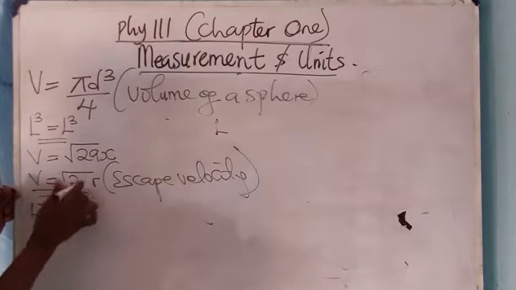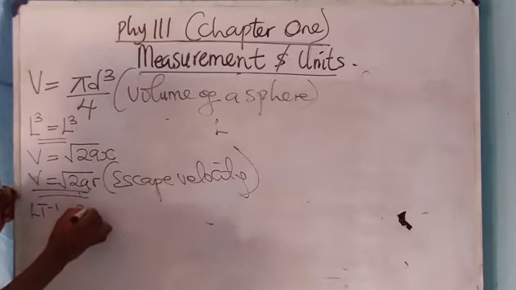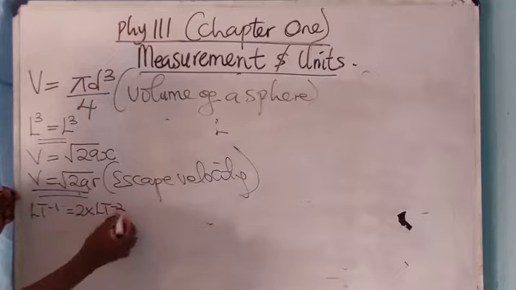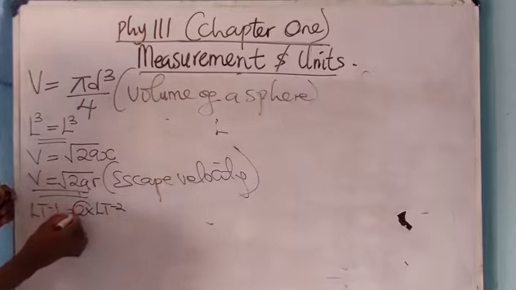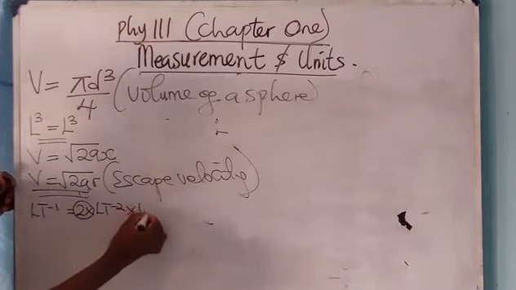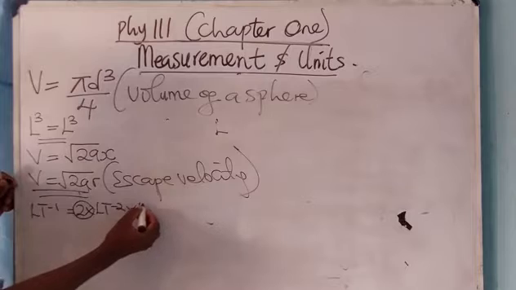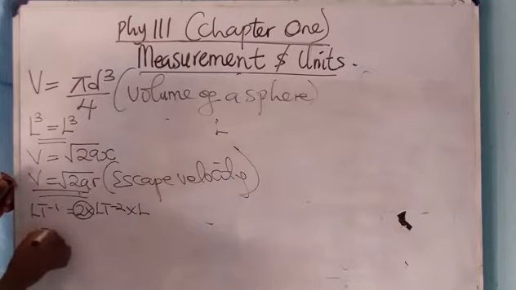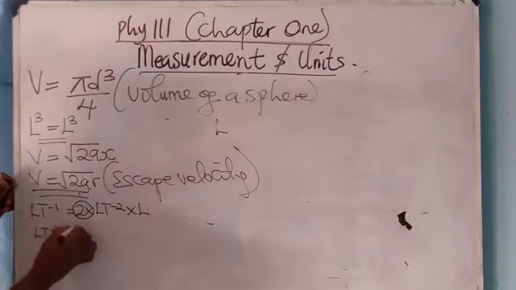Let me make it 2ar, that is 2a. Acceleration is LT⁻². I told you initially that 2 is neglected, not to be considered. So times L.